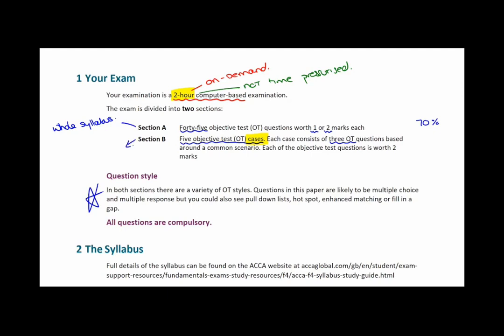Section B then, well, what that enables the examiner to do is to examine particular areas in more depth. So not only testing your knowledge, but also being able to analyse and apply your knowledge to a particular scenario. So Section A, likely to cover off most, if not all, of the whole syllabus. Section B will then deep dive down into particular areas.